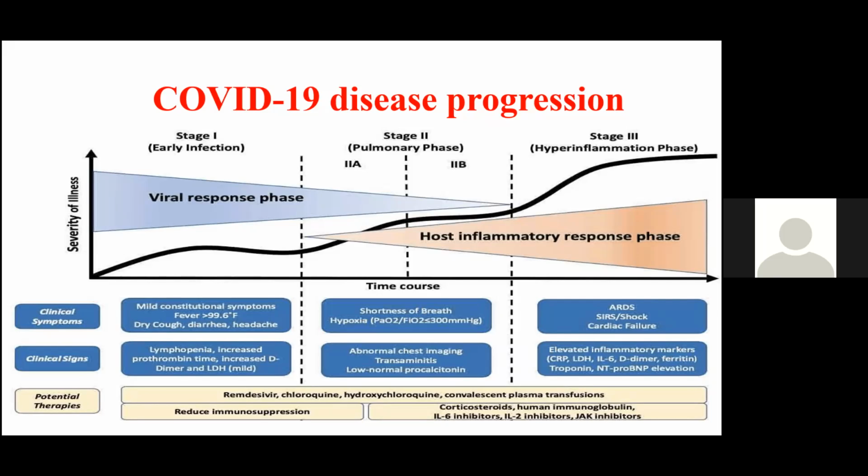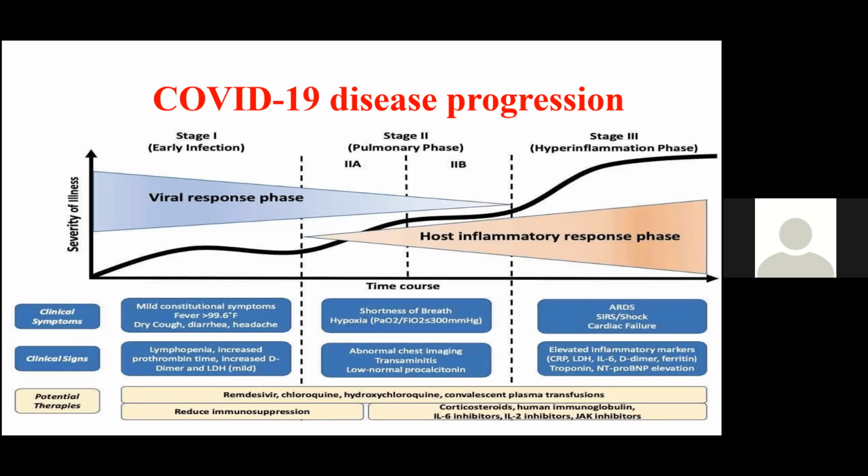Then the patient may continue to stage 2, the pulmonary phase, and the progression may arrive at stage 3, the hyperinflammatory phase. And most of the time, at that stage, patients develop ARDS.